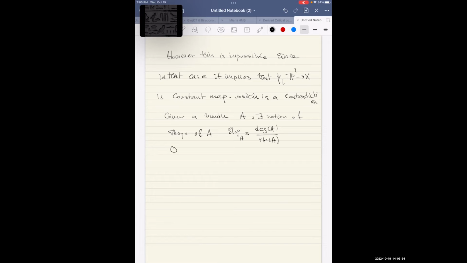For instance, if I have O of P1 of 2, then the slope is 2 divided by 1, because it's rank 1, so it's 2. If I have O of P1 plus O of P1 minus 3, and I call this thing V, then the slope of V is going to be its degree. Degrees of sums of bundles add up. So that is minus 3 divided by its rank, 2. So on and so forth.